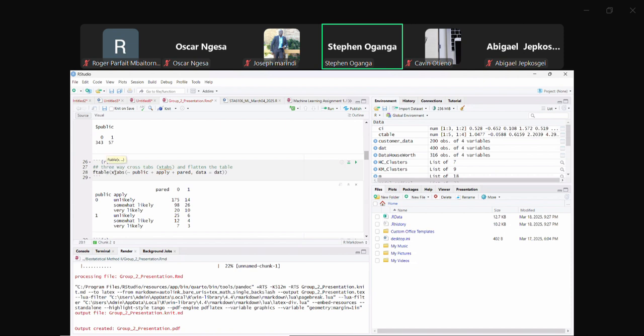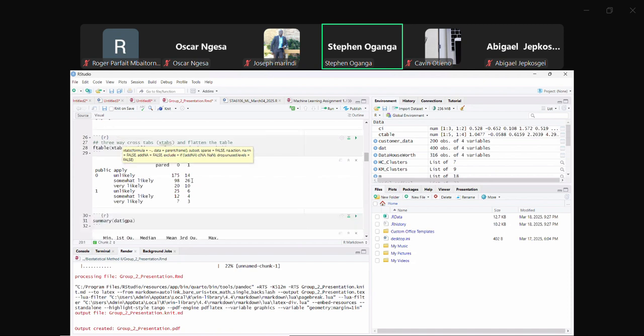In line 27, we are going to have a 3-way cross table. This shows the combination of the kind of school that the student went to, and if the parent was a graduate or not a graduate. So for the 175 students, they are unlikely to apply for the graduate school.